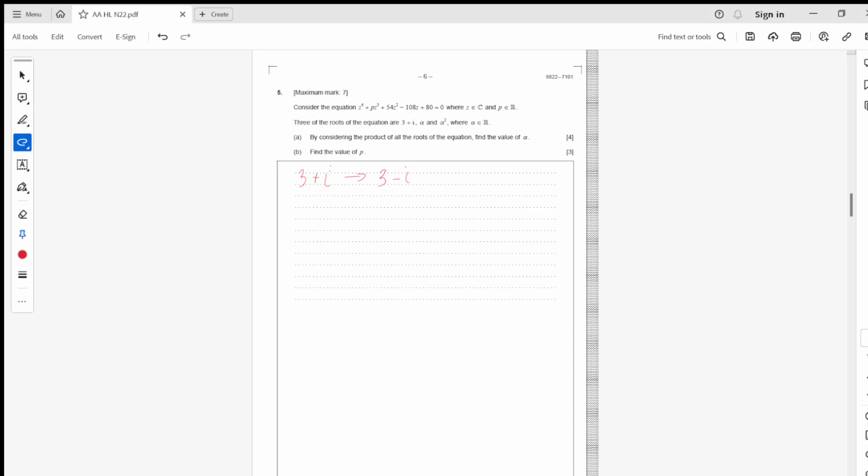So this equation has 4 roots: 3 plus i, 3 minus i, alpha, and alpha squared. And the product of our roots is equal to 80.